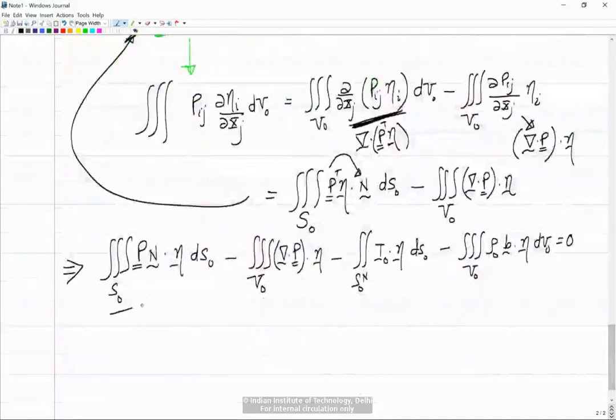And now you see in the first term here, eta has to vanish over the Dirichlet surface, isn't it? Because there the body is clamped.